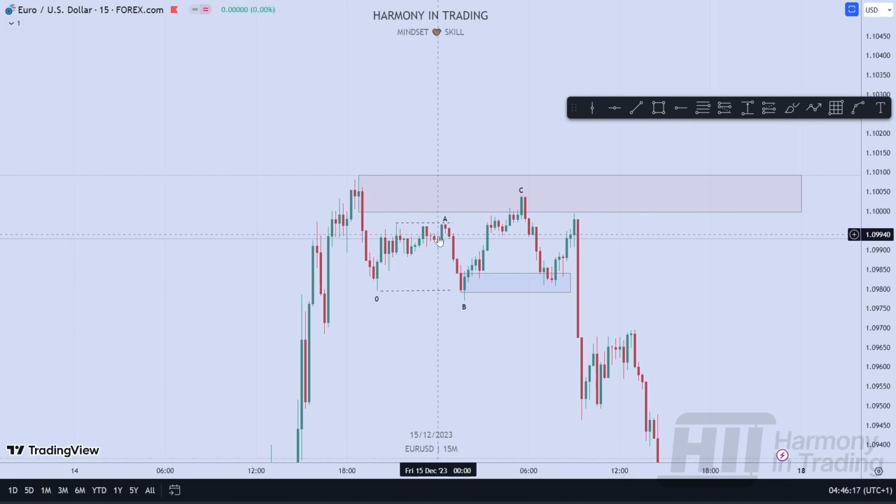All right. So using the ABC pattern, we can see the devouring of liquidity here, where A goes on to devour the liquidity at 0, B goes on to devour the liquidity at A, and then C will potentially have the goal to do the same thing to B also, which has its liquidity over at this point here.